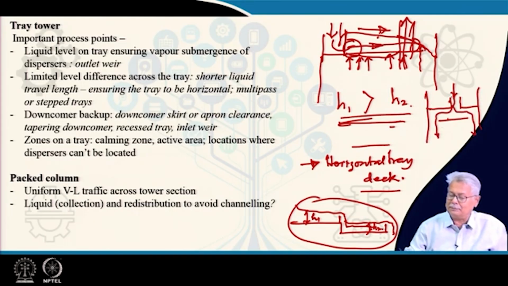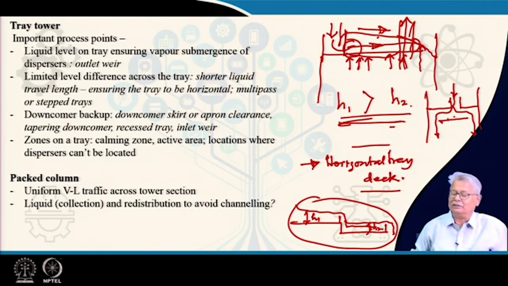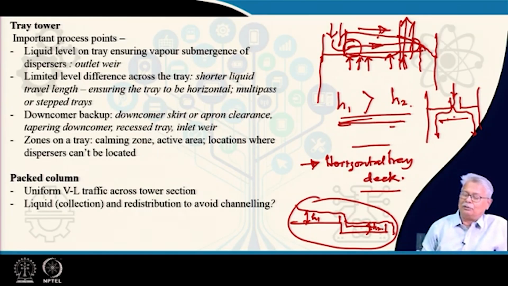In this case, basically the path that the liquid has to travel gets halved. The quantity also gets halved. Quite naturally, the difference between H1 and H2 would come down in such cases. So, split flow trays and stepped trays are a solution wherever you have a large difference between the H1 and H2.